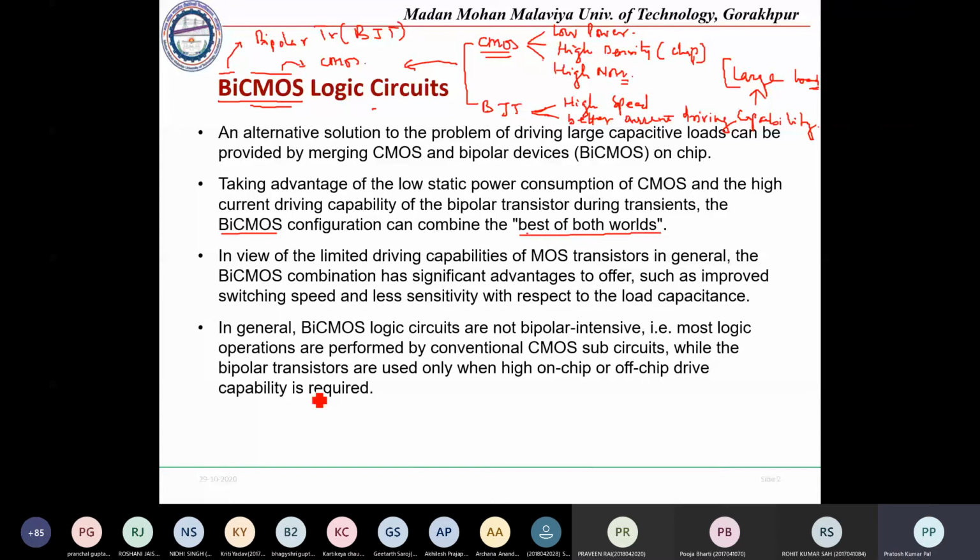So it can drive better or high on and off chip load. So what is on chip load? Basically on chip load, or we call it on chip capacitance. Another one is off chip.